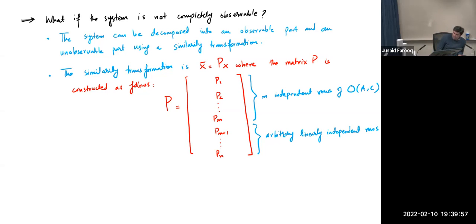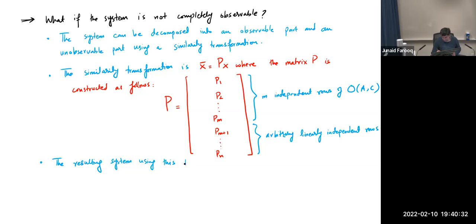Okay, so if you have this sort of a matrix P and you try to transform your system, then what will happen is that the system is going to decompose into an observable part and unobservable part. Right, so if you do this, let me write the resulting system using this transformation.